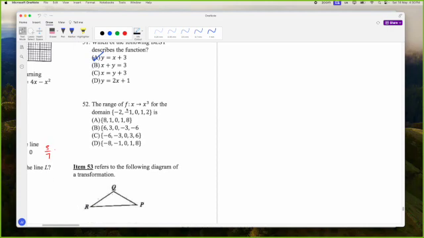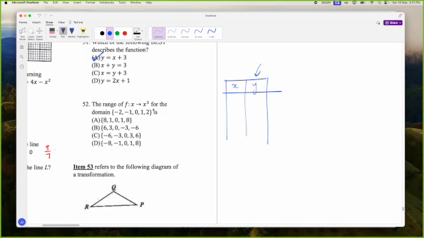The range of the function f of x maps onto x cubed for this domain is, right? So remember range and domain. The range is y. The domain is x, right?